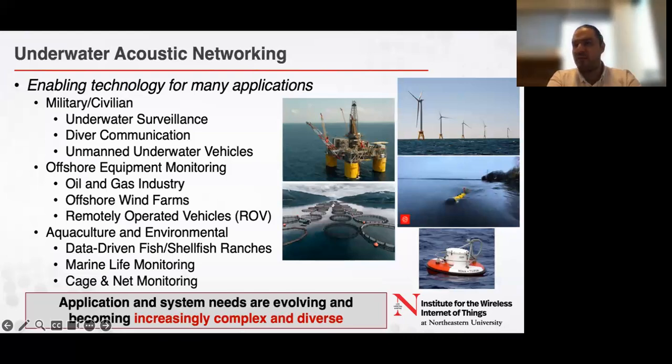We have a seafood deficit of around $16 billion, which is a huge number; that is what the US is buying from external sources. So there is quite a bit of work going on in fisheries and aquaculture, and there are different startups looking into that as well, including companies from X, Google's moonshot factory, like Tidal. So as you can see, there are many different applications, and the system needs are evolving.